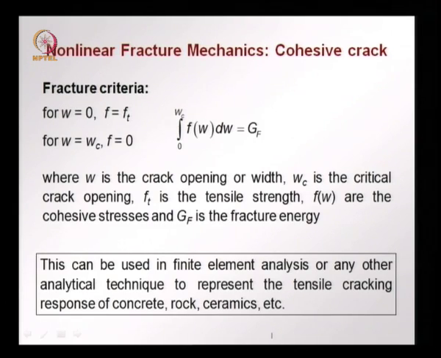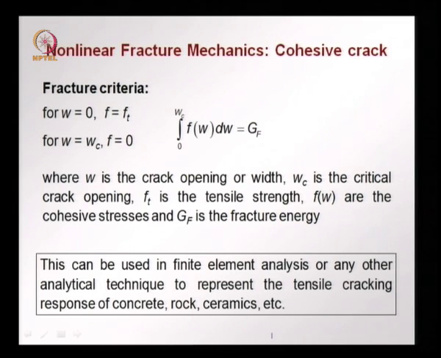So, the fracture criteria according to the cohesive crack are a combination of these three. At W equal to 0, that is at the crack tip, the crack is just about to start, the stress across the crack is equal to the tensile strength.